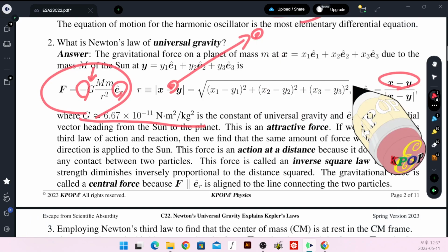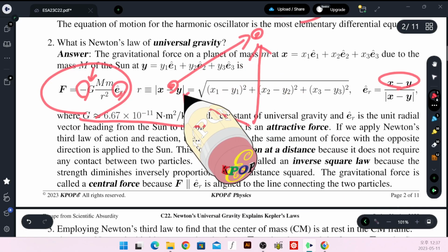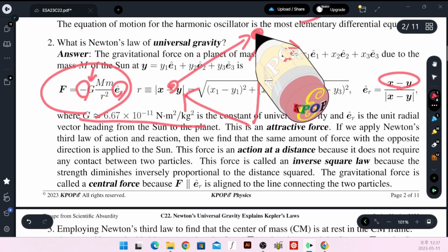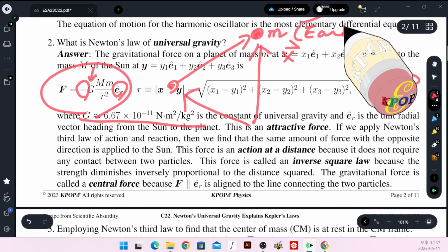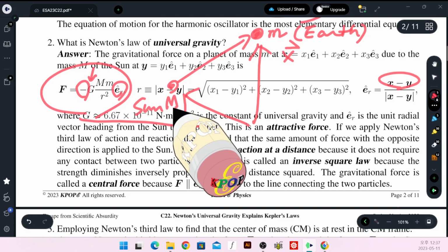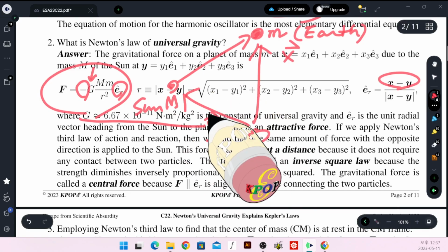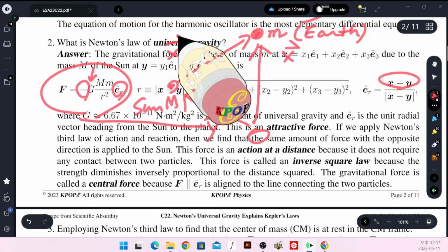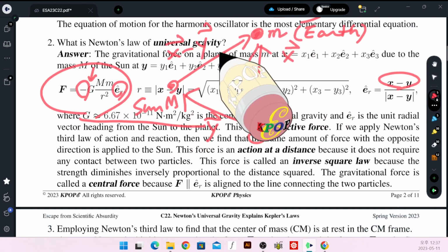And we denote x as the position vector of a particle we are interested in, for example, Earth, and Sun. We have mass capital M at the origin here, and this is why the displacement from the Sun to the Earth is x minus y.